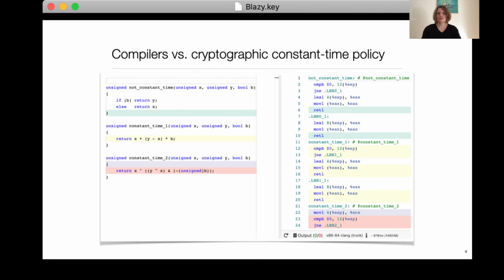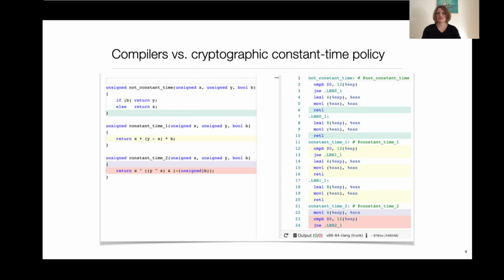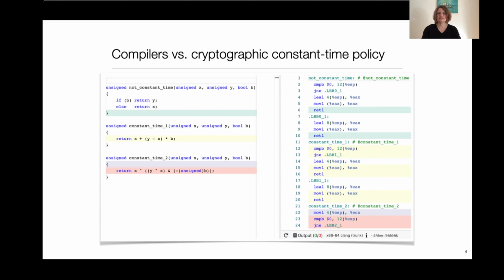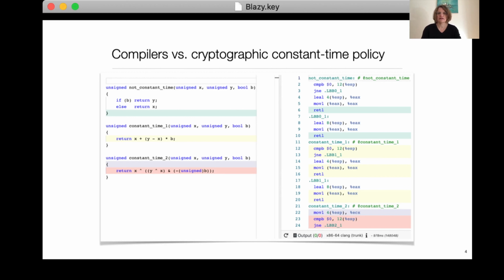Preserving constant time through compilation is not straightforward. And former versions of Clang and GCC compilers did not preserve it on simple programs. Here is an example. On the left, you can see the 3 code snippets I've shown you before. And so among these 3 programs, 2 are constant time.